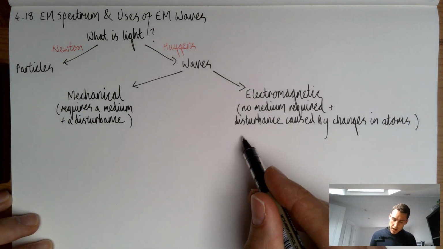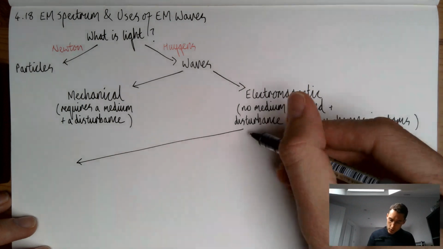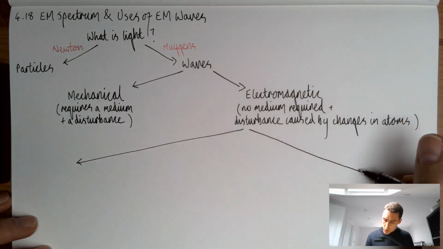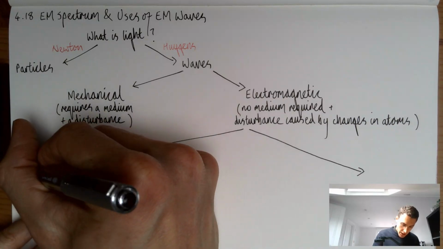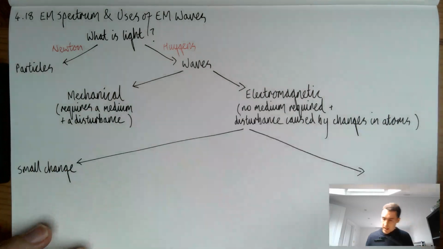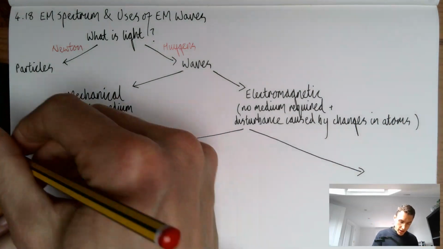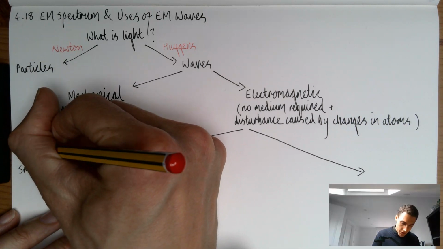Now, what we can do then is think about, well, what different waves are caused by these different changes? So if we have a small change inside the atom, and I could even draw this, though students aren't going to have much idea what you're talking about.